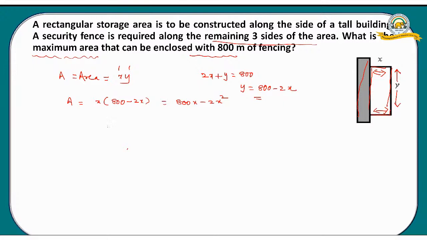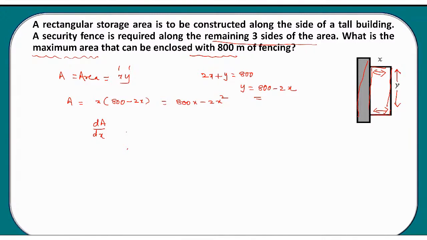So now after identifying the function in terms of one variable, what is the first step we need to do? Differentiate the function, just like in the previous problem. What is the major difference between the previous problem and this problem? In the previous problem, the function was given directly. You differentiated and completed the problem.